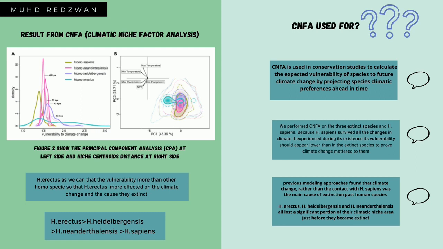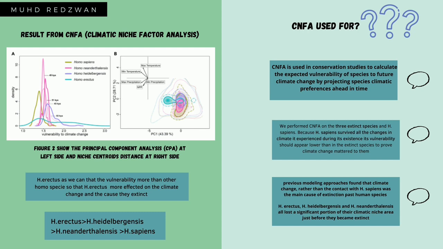That means Homo erectus was most affected by climate change, which caused their extinction also. And how about the Homo sapiens? Homo sapiens is less vulnerable to climate change. That means the Homo sapiens can survive all the climatic change during its existence, and its vulnerability appears lower than its extinct species, proving climate change mattered to them.